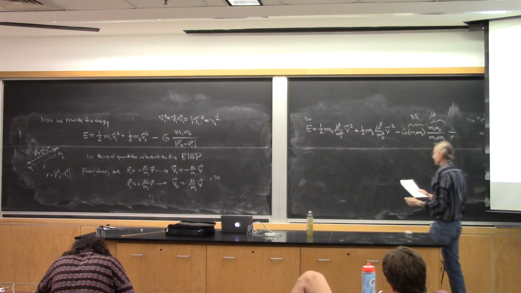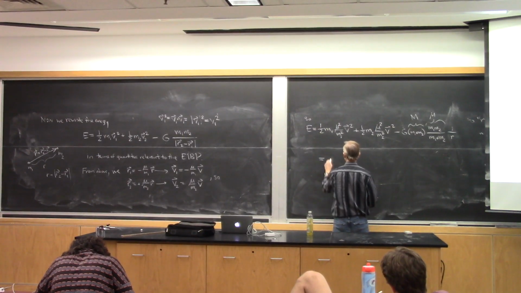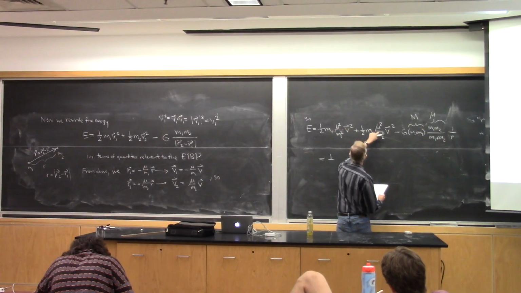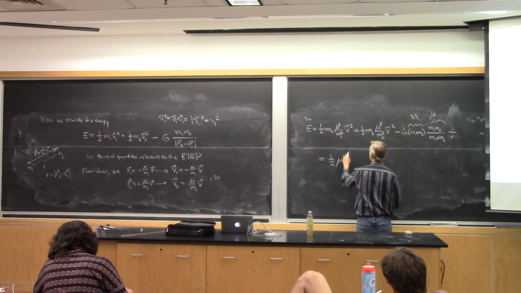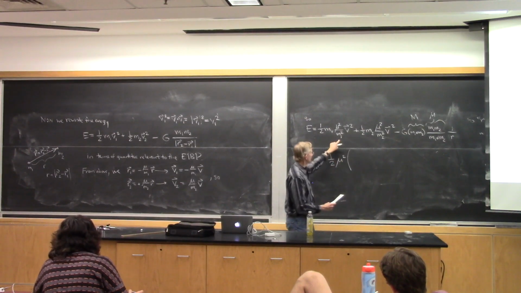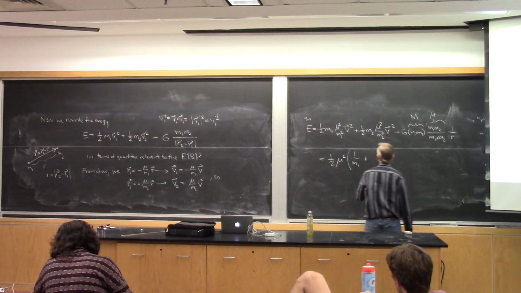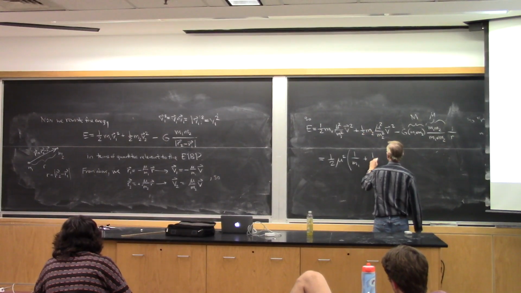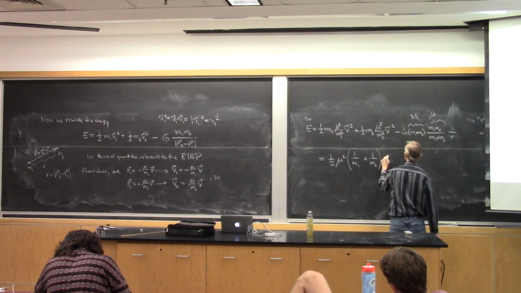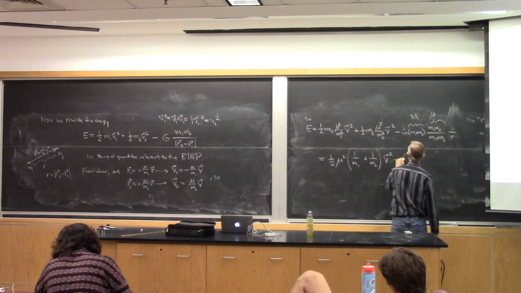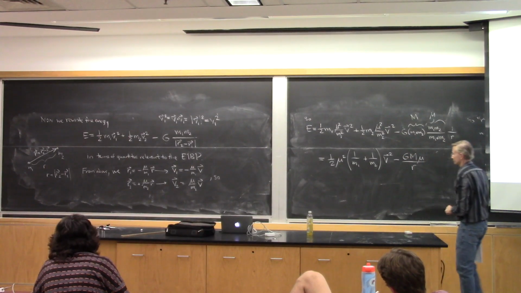And then for the kinetic energy piece, we factor out 1/2 mu squared. So we've got 1/2 mu squared times m1 over m1 squared, which is 1 over m1, and m2 over m2 squared, which is 1 over m2. And then all that times v squared minus g M mu over r.